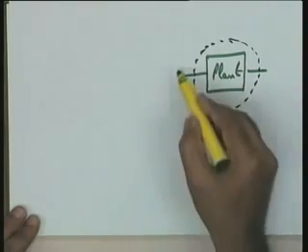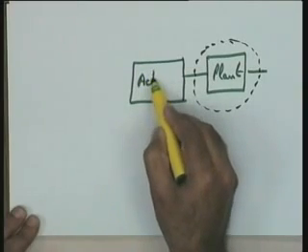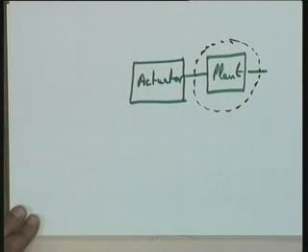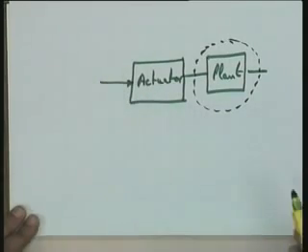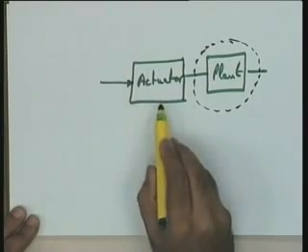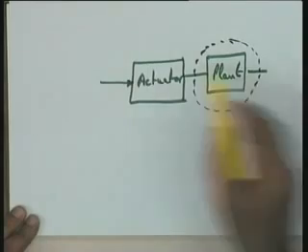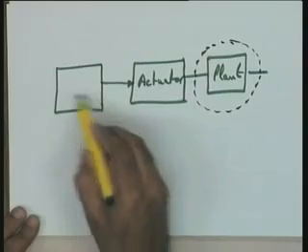Now, after this I have an actuator. For a typical mechanical system, say a motor is an actuator, because it will drive your load, which is the plant. And if the motor is an actuator, you are controlling the power to this actuator so that your output follows the command. So, here is what I call a controller.